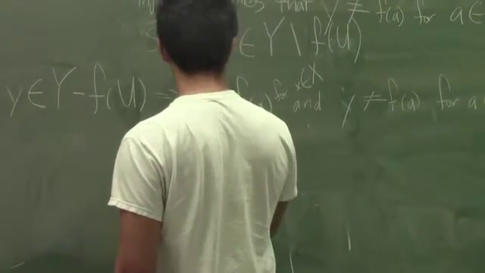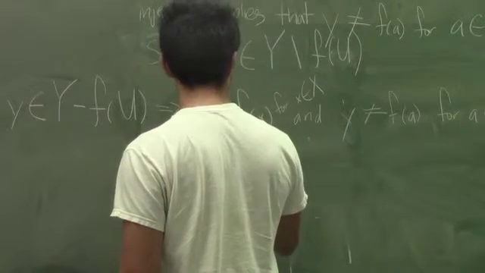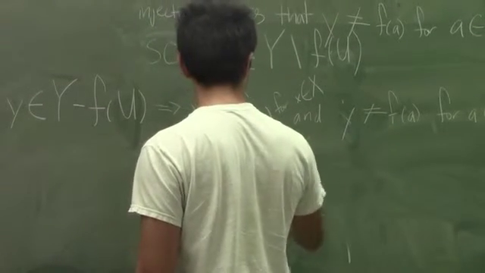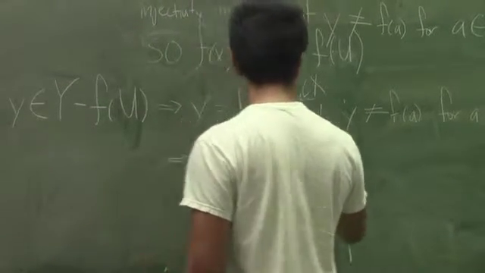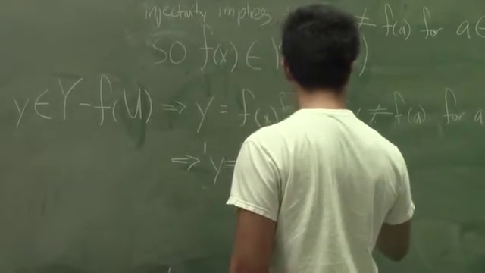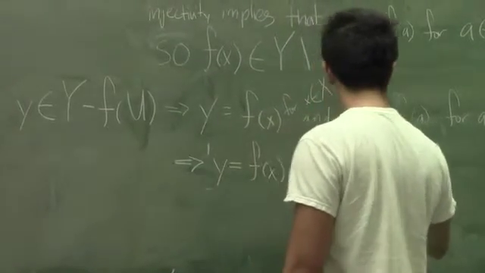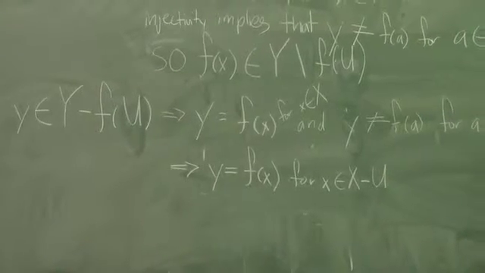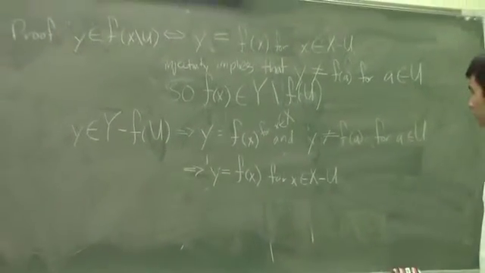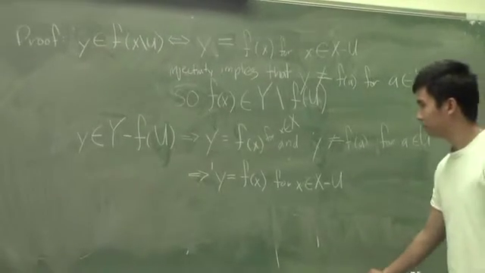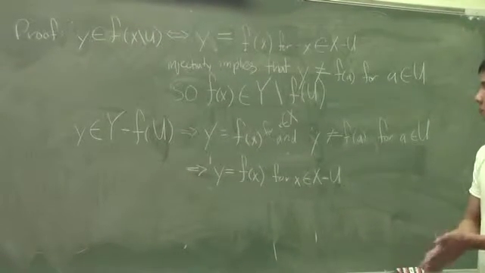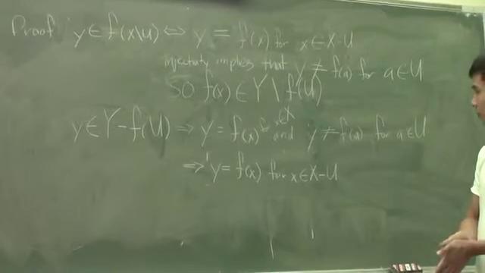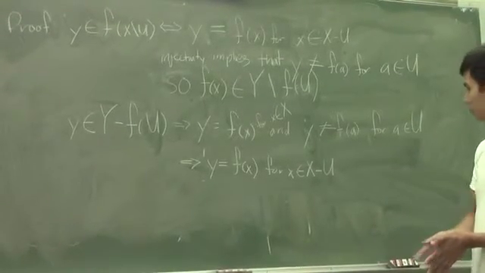Sorry, one more time? y equal f of x for x in X minus U. Okay, alright. Which implies... Isn't that it? Yeah, thanks. Oh, where's your box?